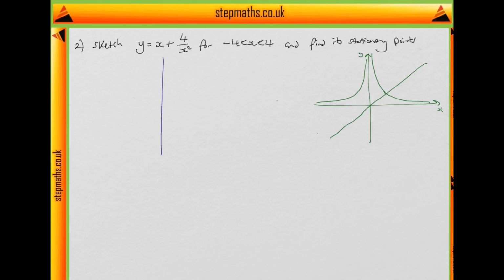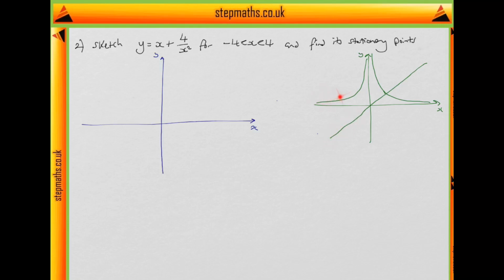So if we sketch on our axes, you have x and we have y. Let's think about it. Down here, we're going to have a very small contribution from the 4 over x squared, while the x term is negative but its magnitude is larger. So we're going to have it being pretty much y equals x down here.